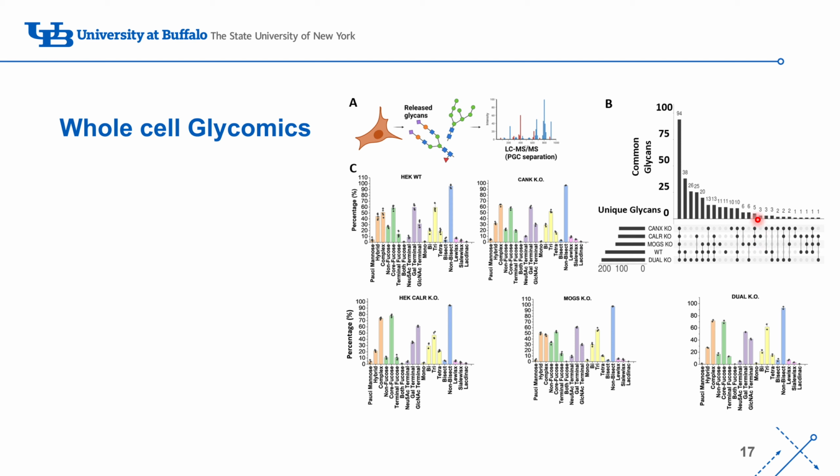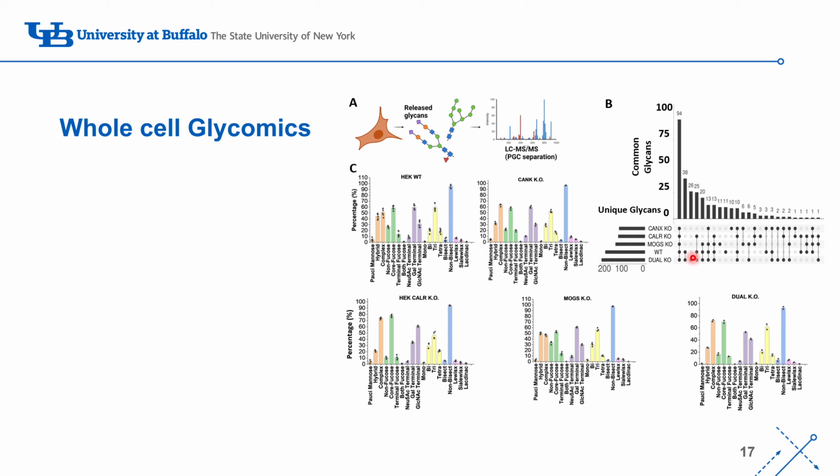So this provides a better picture about the quality control within the different knockout cells. Since there are only 3 unique glycan structures in the calreticulin knockout, this provides the information that there could be less quality control compromise compared to the other knockouts.